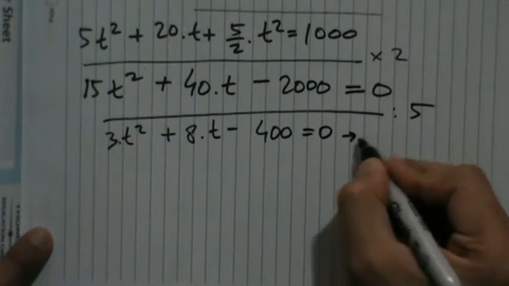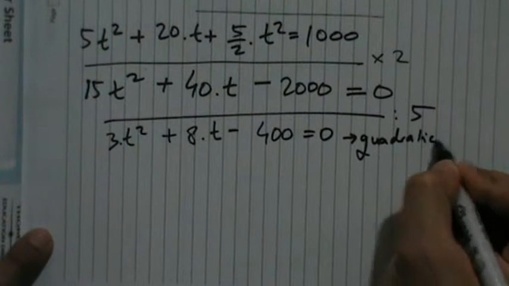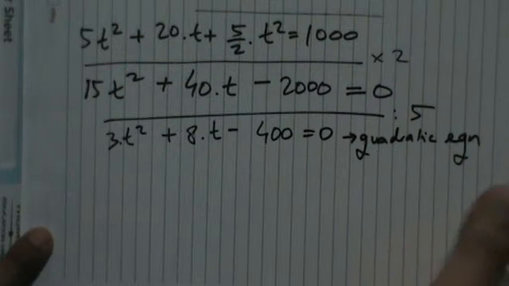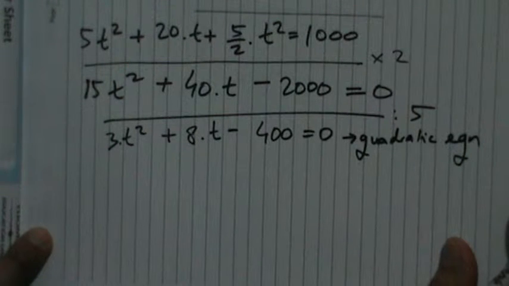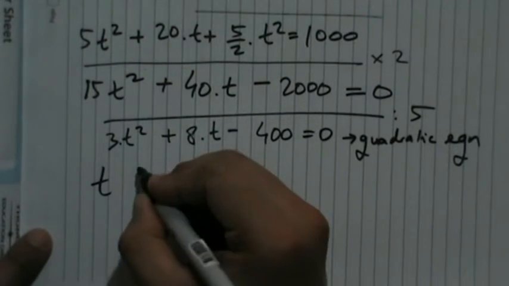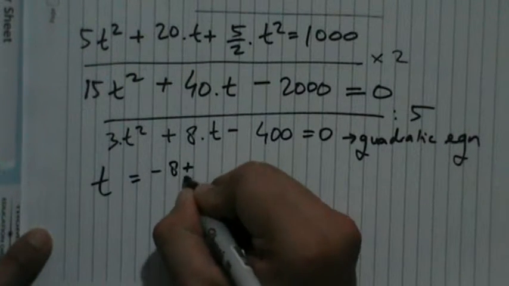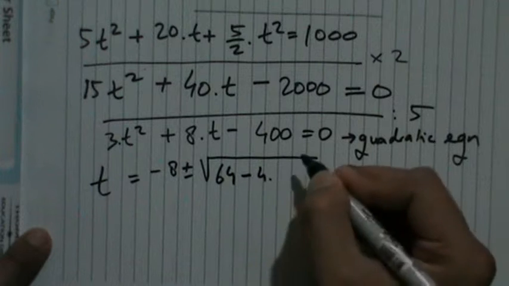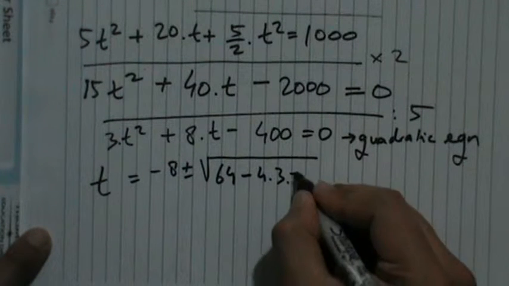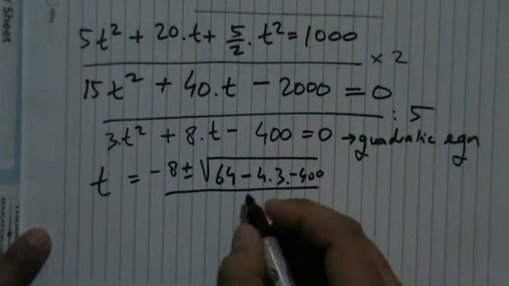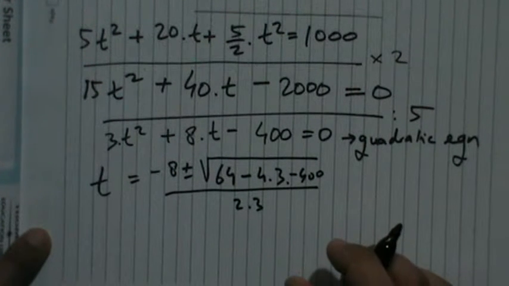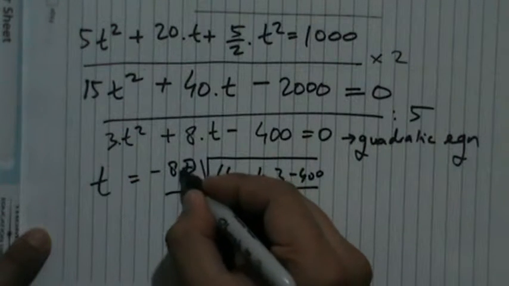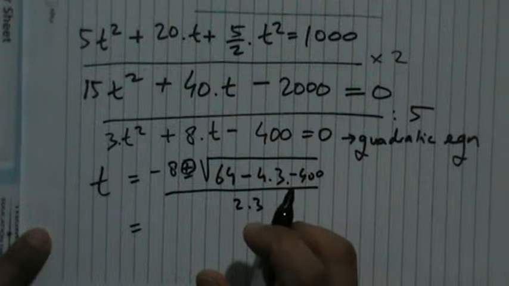And to solve this quadratic equation, you can use any technique. Here I will use the ABC formula so that the roots of this quadratic equation, or in this case the time, here is minus 8 plus minus square root of 64 minus 4 times 3 times minus 400 divided by 2 times 3, and we use the plus solution.